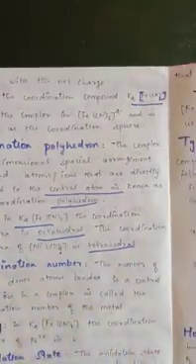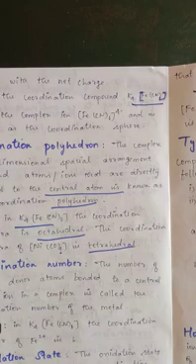The next one is coordination number. We are learning the lesson coordination chemistry. Whatever is present inside the square bracket is considered the coordination complex: the central metal ion and the ligands. At the bottom of the bracket, some number will be there.